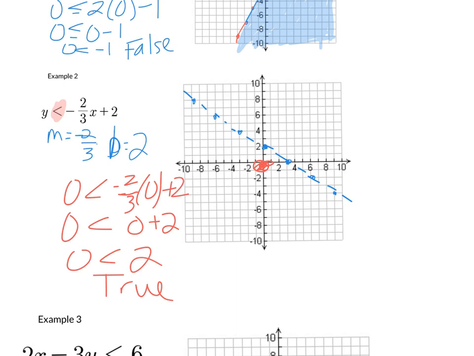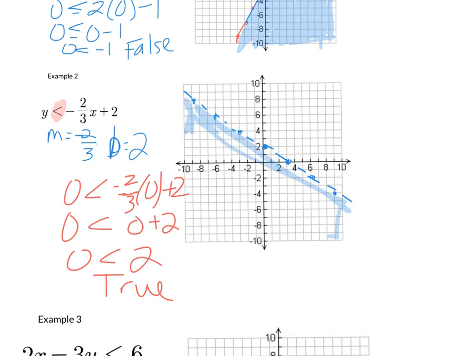So what that means is everything below there is true. So that's where all the shading is. Since 0, 0 is on the true side, we shade 0, 0. In the last example, we didn't shade 0, 0 because it wasn't on the true side. So we're going to shade all of this down here.